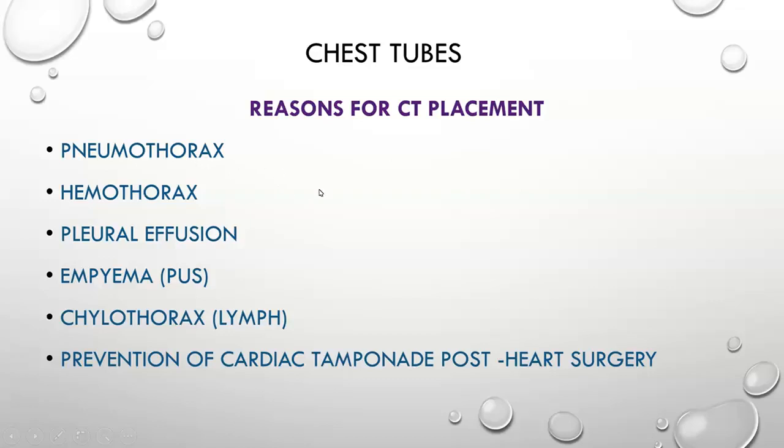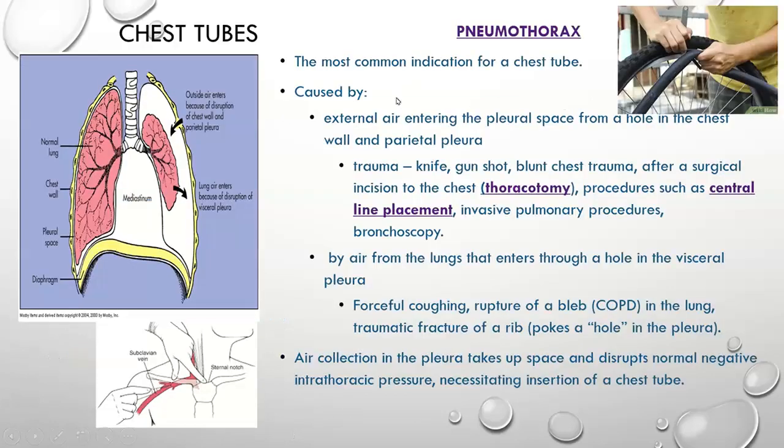The reasons are listed here: pneumothorax, hemothorax, pleural effusion, empyema, and chylothorax. And then the mediastinal tubes are placed to prevent cardiac tamponade post-cardiac surgery, as stated. More on that later. So let's talk about each one of the lung issues, and we'll talk first about pneumo.